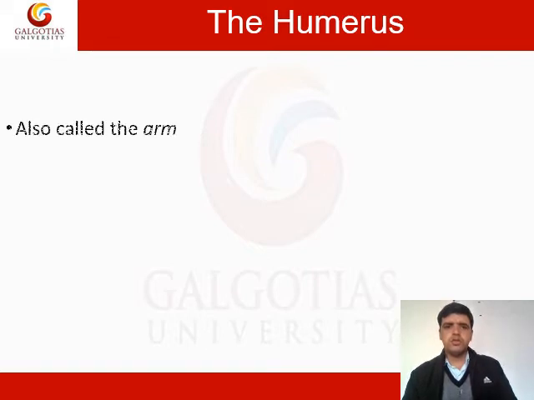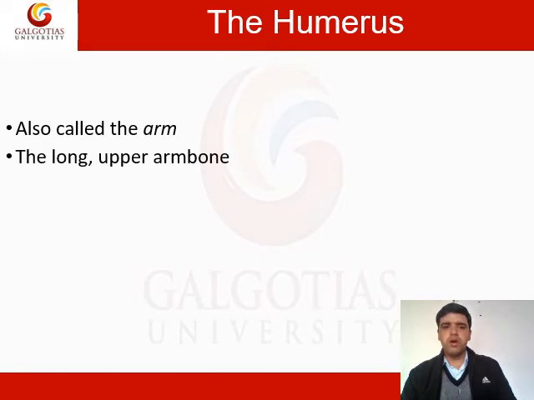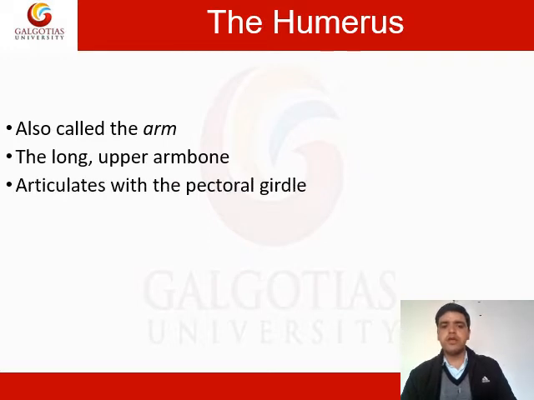The humerus is also called the arm bone. It is a long bone and forms the upper arm bone. It has two ends: the upper end articulates with the pectoral girdle, and the lower end gets attached to the radius and ulna and forms the elbow joint.